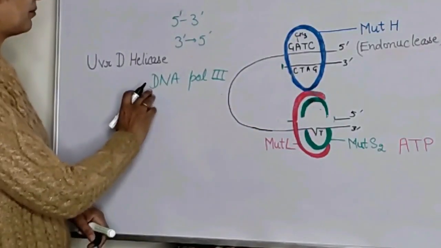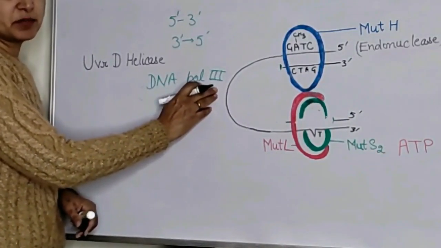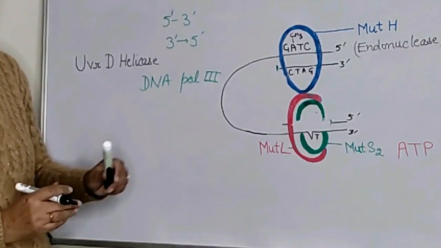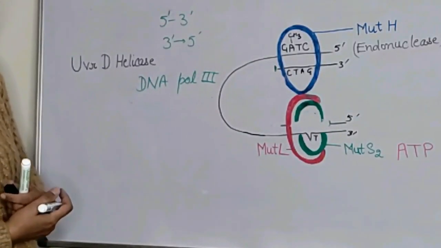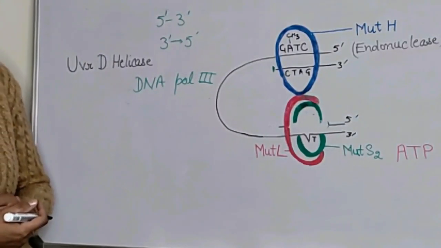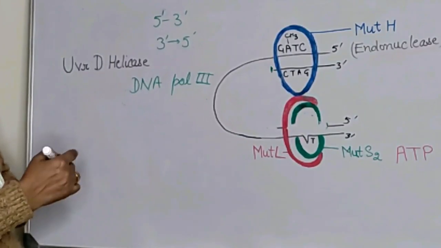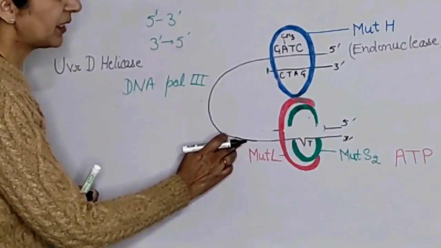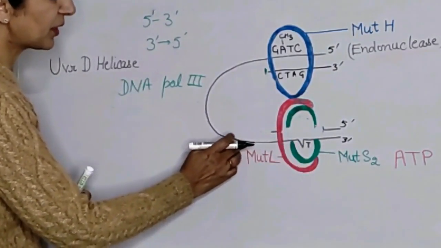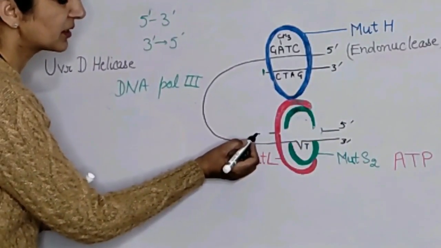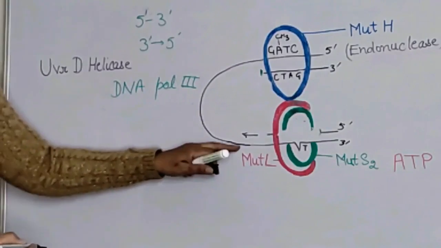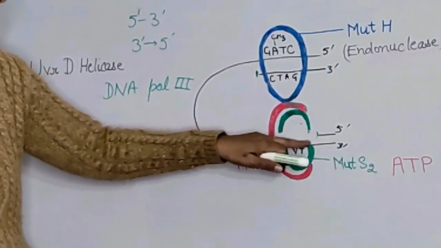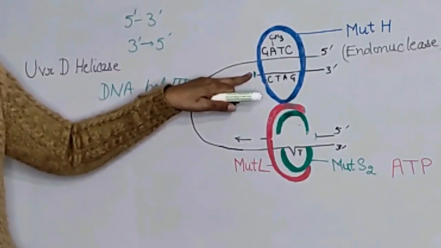So our enzyme DNA polymerase 3 comes now in the case of prokaryotes. As we all know, polymerase always reads the template strand from 3' to 5' direction. That is, it will read the template or the parent strand from 3' to 5' direction like this, and it will keep on adding the nucleotides from 5' to 3' direction.